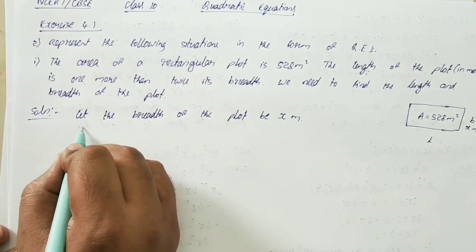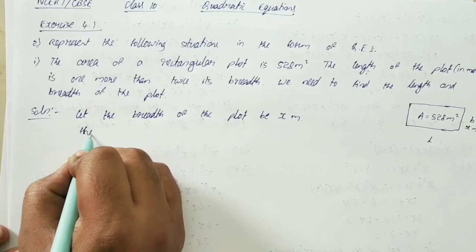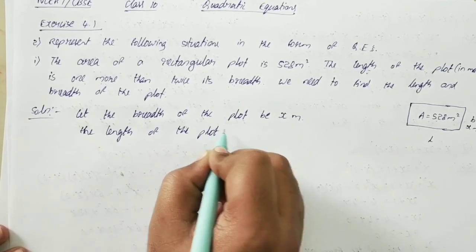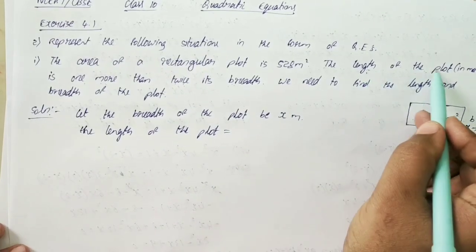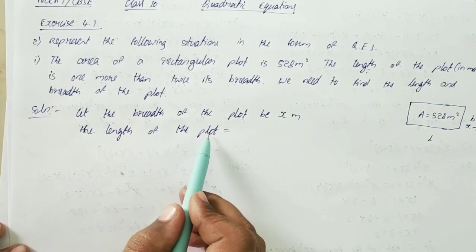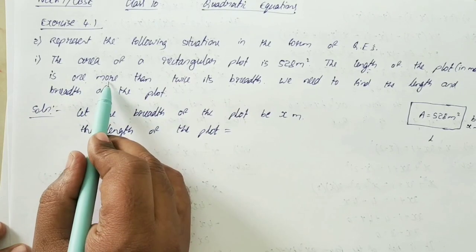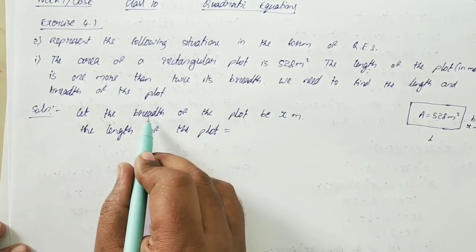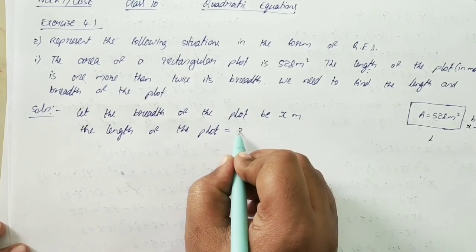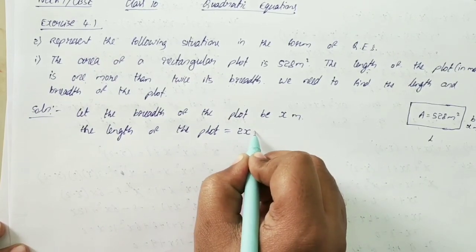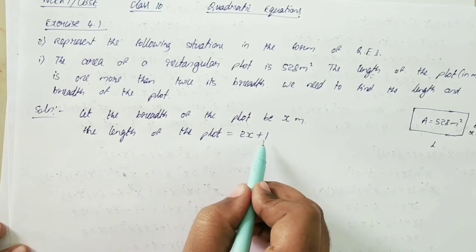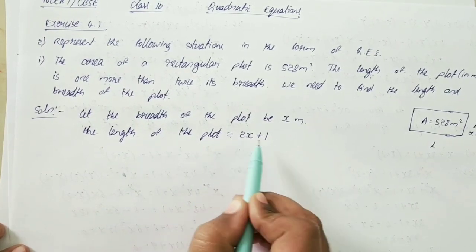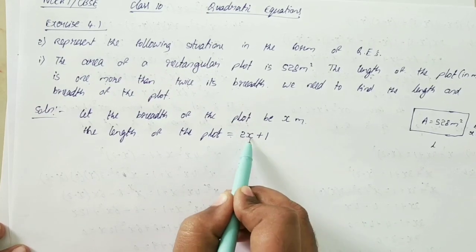So the length of the plot is equal to 1 more, we have to add 1, to twice the breadth. Twice the breadth means, we took the breadth as x, so if we multiply with 2, it will become 2x, and then if we add 1, this will be equal to the length of the plot. The length of the plot is 1 more than twice its breadth.